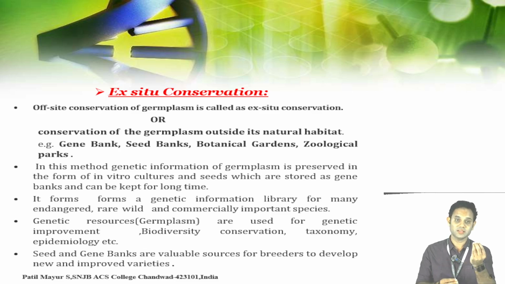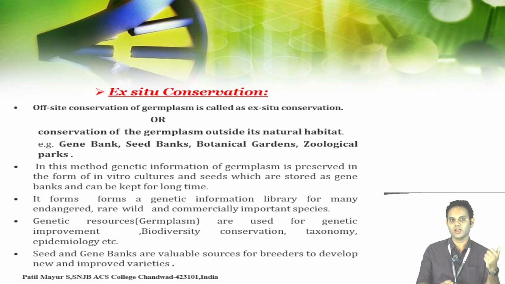This is a very important aspect of why we have to conserve germplasm, because it can be used as a resource. I told you earlier that in the hybridization technique, two different varieties of plants are crossed to produce highly improved varieties, but for crossing, the two original varieties must be there. That is provided through this conservation method.